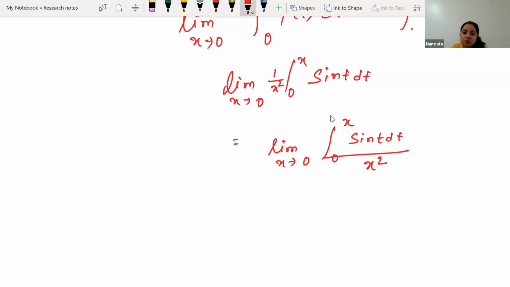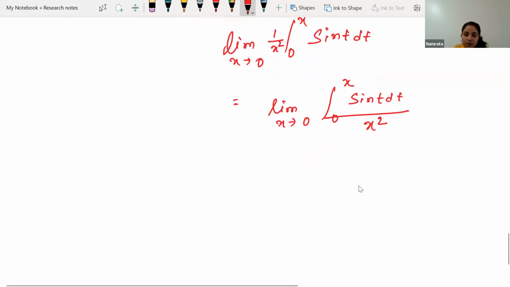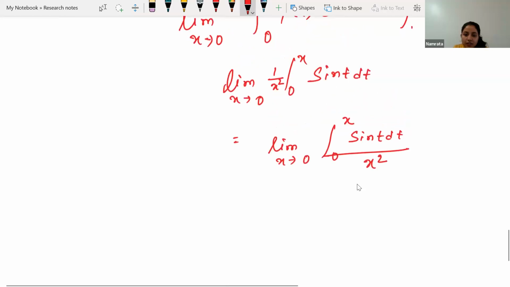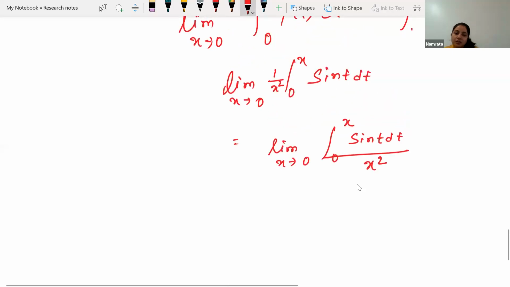When we substitute to find the given limit, what are we going to get? In the denominator, we are getting 0. In the numerator, if we do, we will be getting, just a moment, let me check.